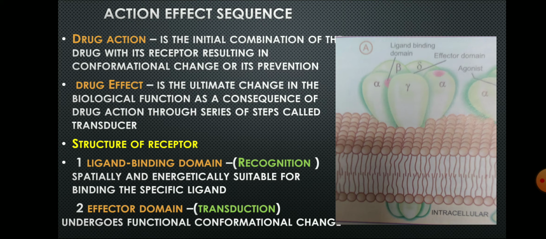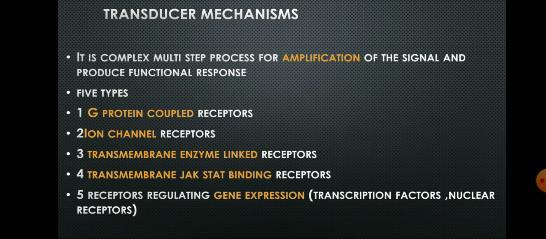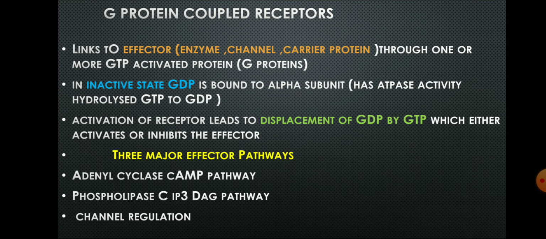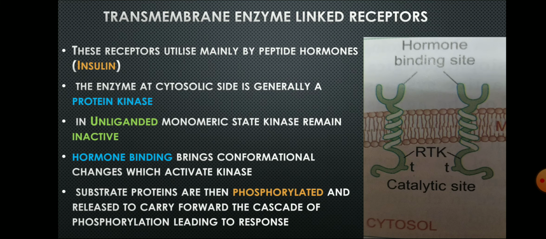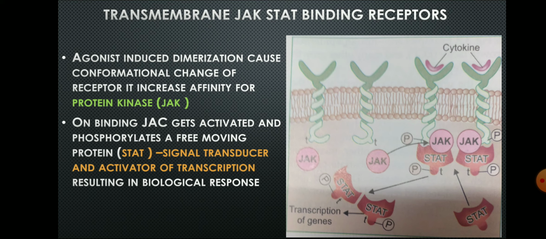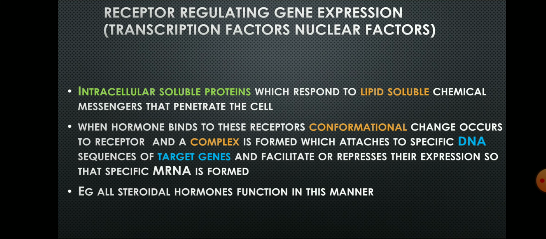Then we saw the structure of the receptor and the domains it has, then the transducer mechanisms and their different types: first, G-protein coupled receptors; second, ion channel receptors; third, transmembrane enzyme-linked receptors; fourth, transmembrane JAK-STAT binding receptors; and fifth, receptors regulating gene expression.